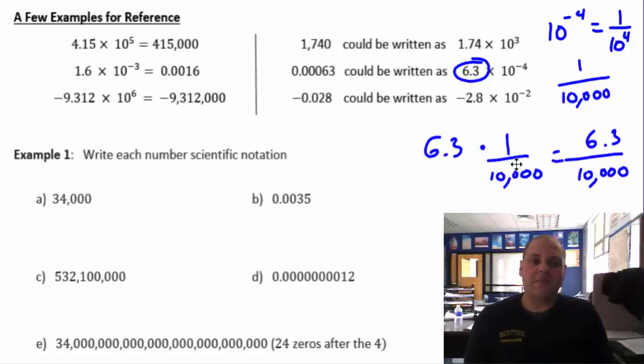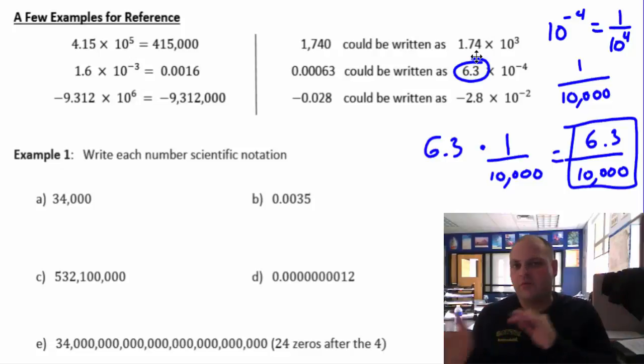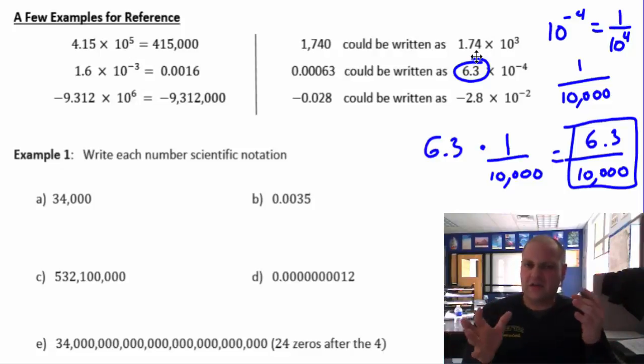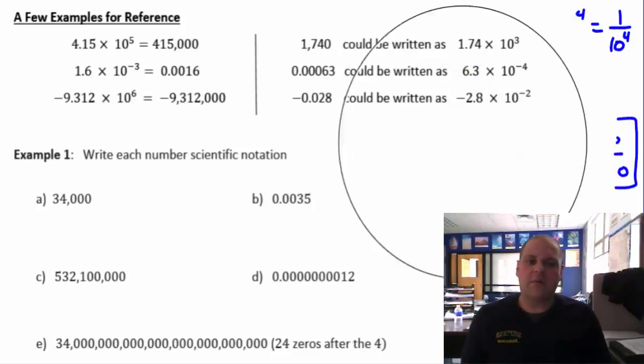Multiplying by 1 over is the same as dividing. So 6.3 divided by 10,000 gives you 0.00063. If you think about it in that way, it's another way of remembering it, instead of just remembering I move left, I move right, because then it gets confusing when I'm given the number and what it'll look like. So you may want to keep that in mind.